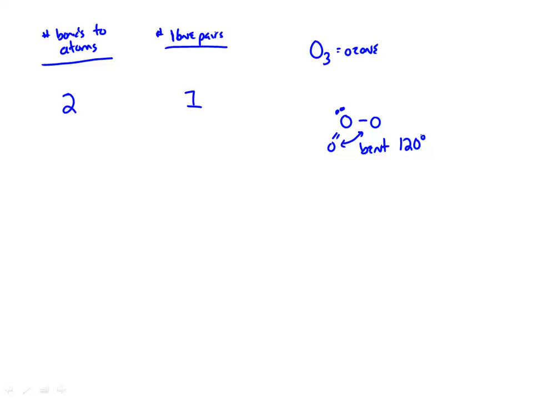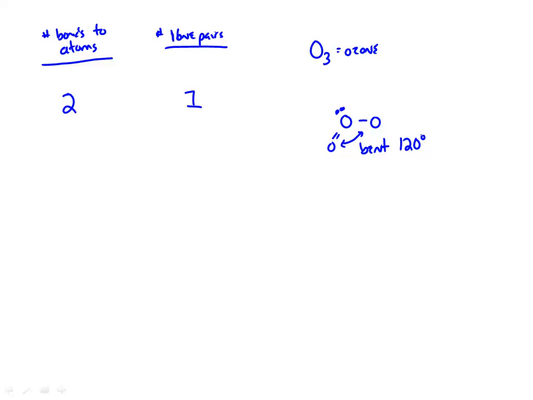If you compare the one that has two bonds to atoms and 1 lone pair, and that tetrahedral shape that has 2 atoms and 2 lone pairs, they'll almost look identical, right? They almost both look like they're bent. But remember, one is bent with 2 lone pairs, that's 109.5. One is bent with only 1 lone pair, that's what we're going to call 120. So bent 109 and bent 120, because it's the only way to distinguish the 2 bent models apart.